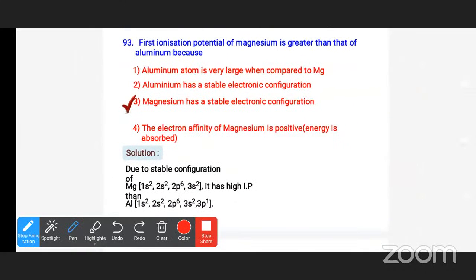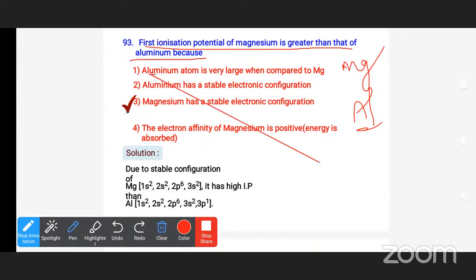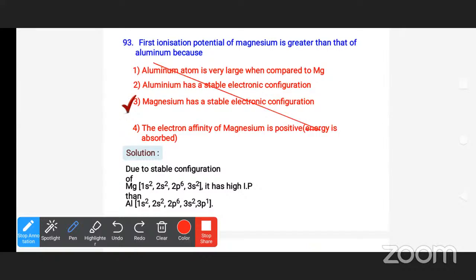First ionization potential of magnesium is greater than aluminium. Reason: number one, aluminium atom is very large when compared to magnesium. Second option, aluminium has a stable electronic configuration. Third option, magnesium has a stable electronic configuration.